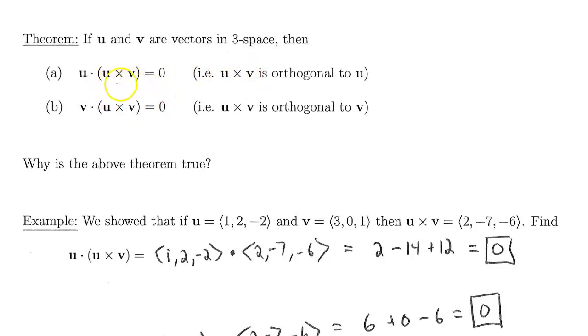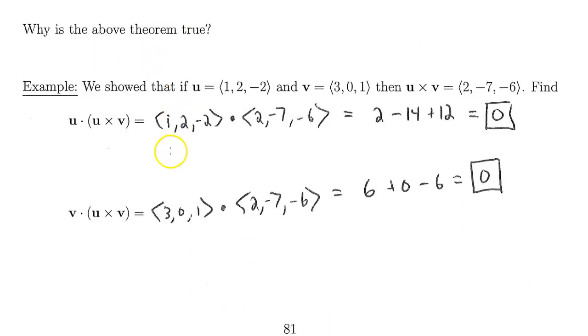But then whatever vector you get, it'll be something i plus something j plus something k. Dot that with the vector u, which is really u1, u2, u3, or u1 i plus u2 j plus u3 k. Dot those together, and if you do that algebra, it's just a little messy algebra. Everything should kind of cancel out, and you should end up getting 0 as a result. Okay, so I challenge you to try. If you do it for A, you don't have to do it for B. You can kind of convince yourself it's true.